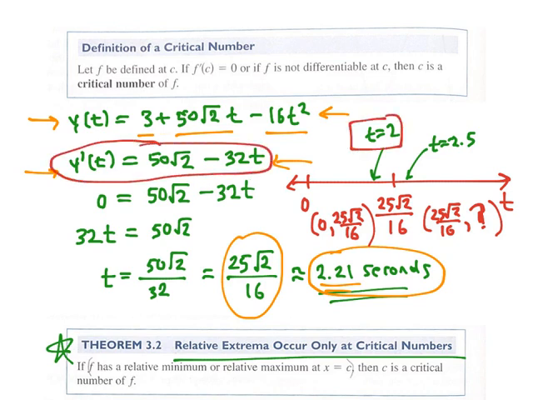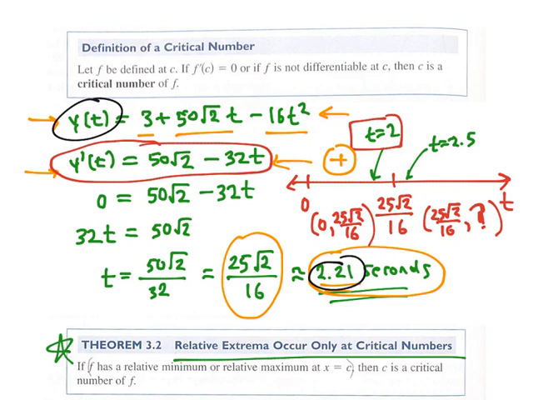So at the test value of 2, you will find that the derivative is positive, which means the function y of t is increasing on the time interval from 0 to about 2.21 seconds, which means the heights are increasing.